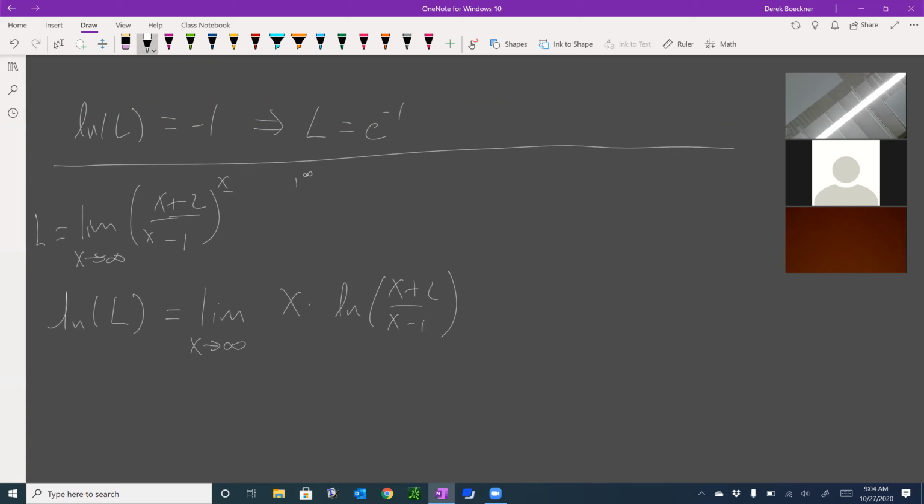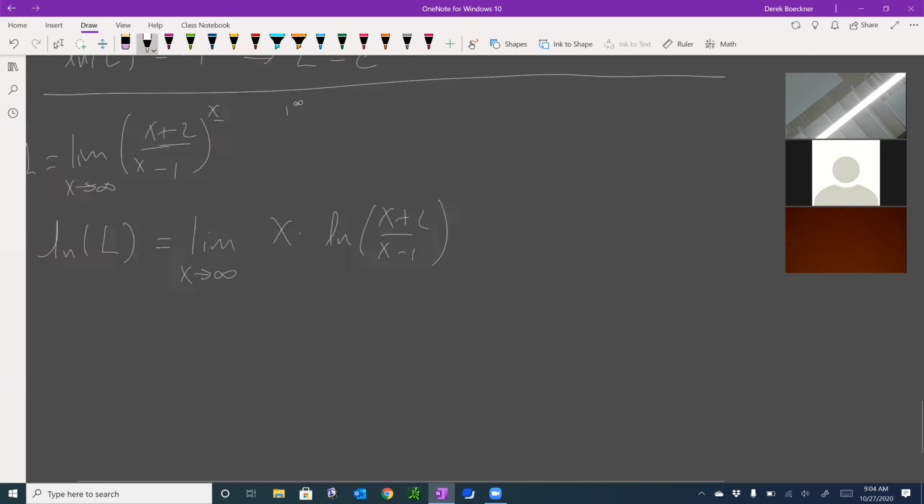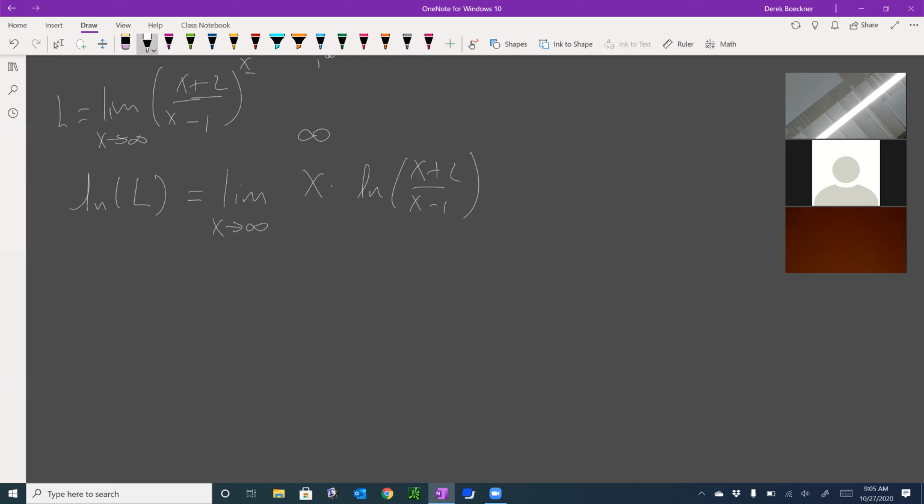Okay. And now this looks like infinity times 0. So we're going to rewrite this. So it looks like 0 over 0. And then I can use L'Hopital's rule.